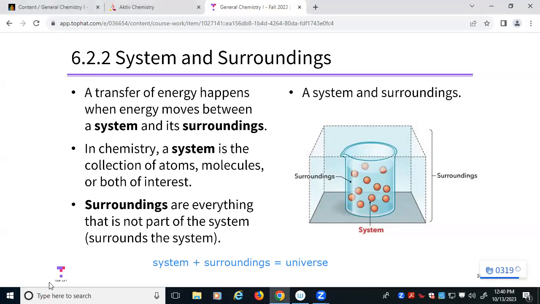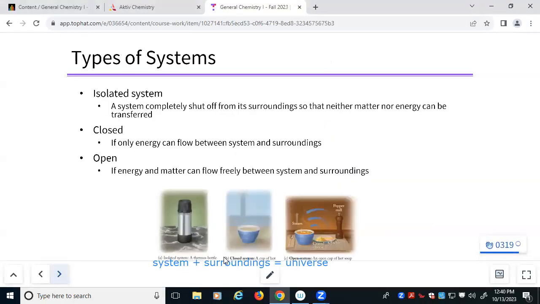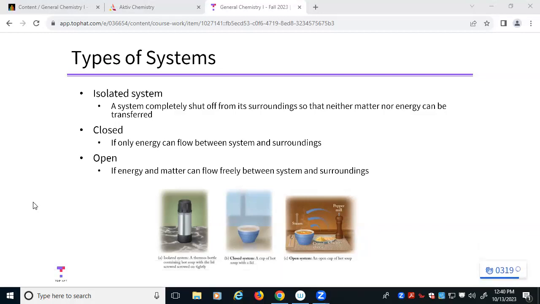Now, when it comes to systems, there are a couple of different kinds. There are 3 types of systems. I'll actually start here at the bottom because it's kind of the easiest one to understand. An open system. In an open system, matter and energy can freely move between the system and surroundings.